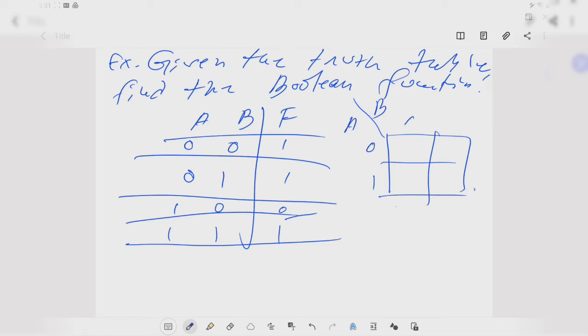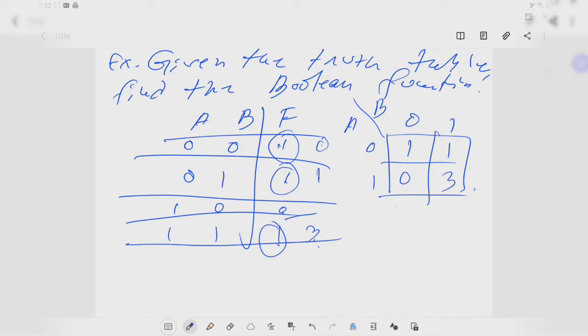So 0 1, 0 1, and for each of the minterms we need to find out which minterms are there and which are not. We know that ones indicate the minterms. So minterms 0 1 2 3: 0, 1, and 3 exist for this function, and 2 is 0.